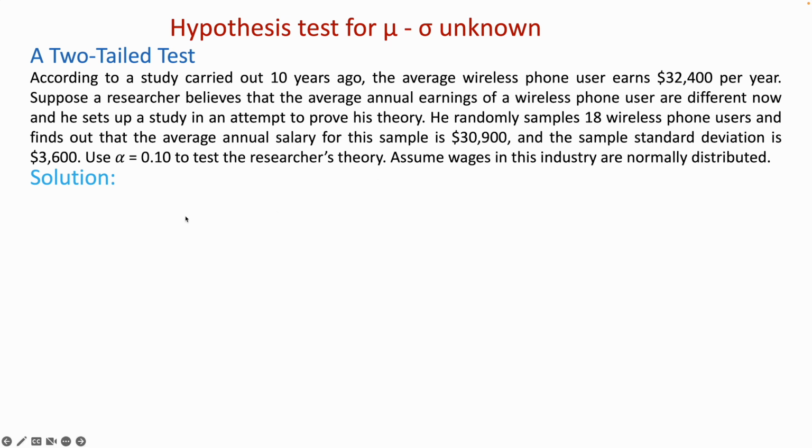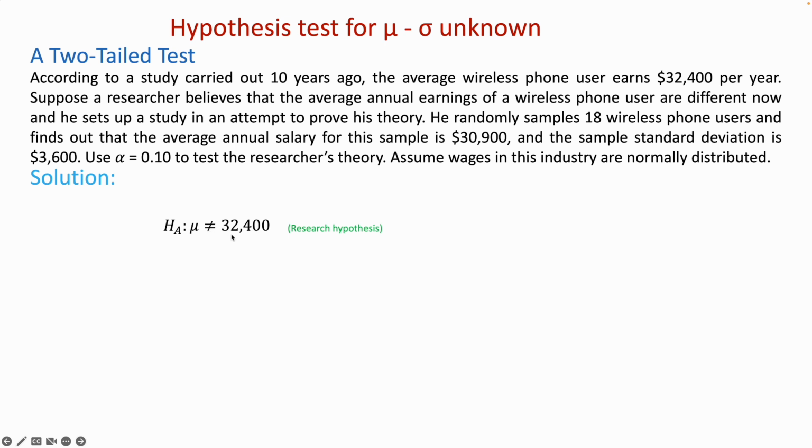So for that reason, I know that what I'm going to check is that the mean is different than 32,400. This will be the research hypothesis. We are going to see if this is true.